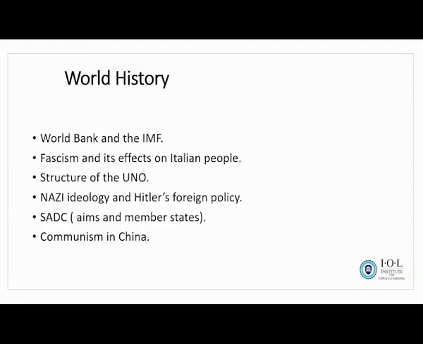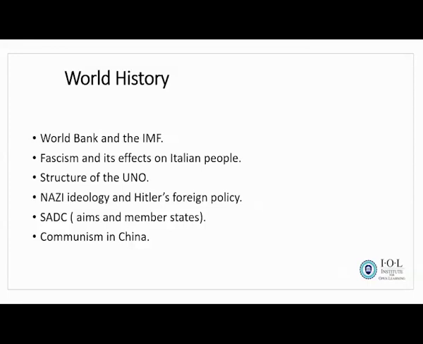We also have a party by Hitler, a well-known man in the world, the Nazi Party. Find out about the ideology of the Nazi Party. And this does not get away from Hitler's foreign policy, because what he wrote, the aims of the Nazi Party, the ideas of the Nazi Party, also goes hand in hand with Hitler's foreign policy.